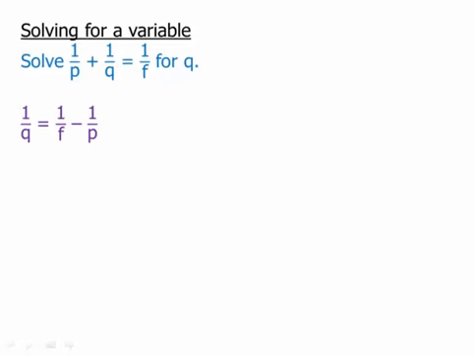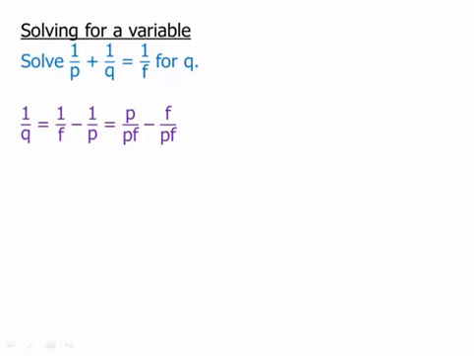So the first thing we need to do is solve for 1 over q. And then on that right side, 1 over f minus 1 over p, we need to find a common denominator. We need to make this into a single fraction by finding a common denominator. So the first fraction, 1 over f, we multiply by p over p. The second fraction, 1 over p, we multiply that by f over f.